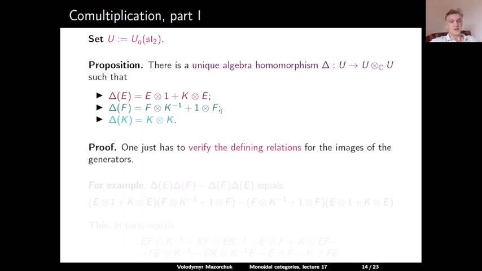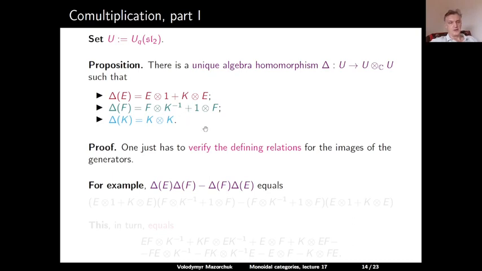Proof: so we just need to verify the defining relations for the images of the generators. For example, let us check the most non-trivial defining relation, that EF minus FE is equal to K minus K inverse divided by q minus q inverse.